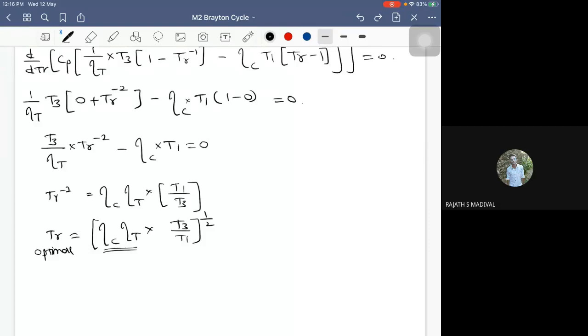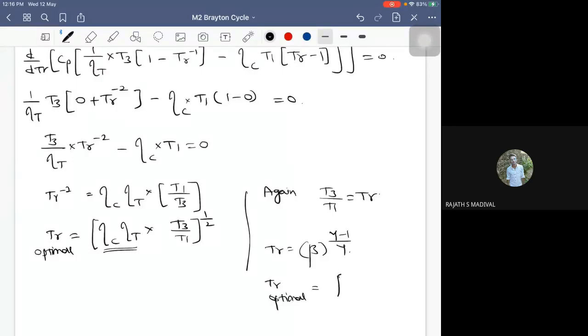Again, like we did last time, T3 by T1 is TR, and TR is equal to beta to the power of gamma minus 1 by gamma. Suppose I put optimal for TR, what happens to beta also? It becomes optimal.